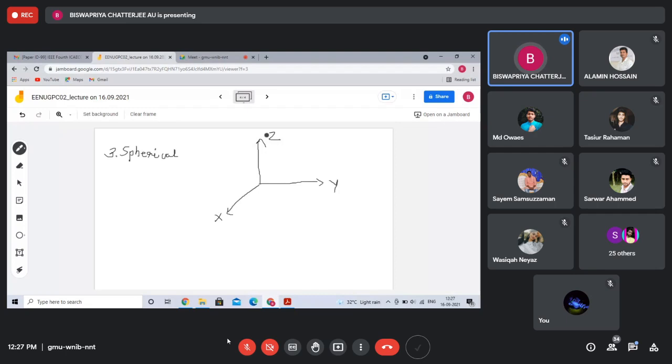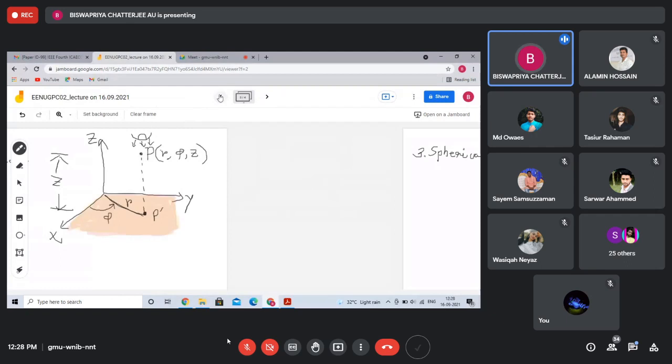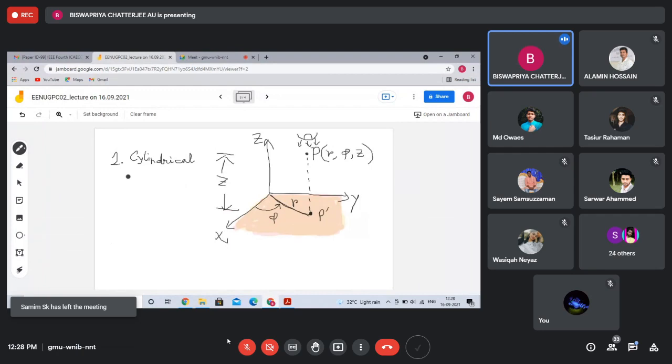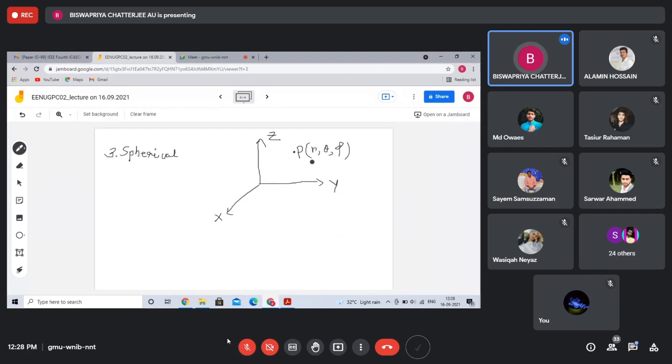In the spherical system, the point is defined by r, theta, phi. In the Cartesian system it is x, y, z. In the cylindrical system it is r, phi, z. And in the spherical system it is r, theta, phi.